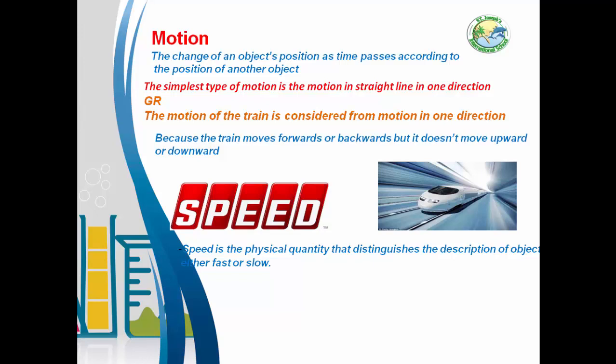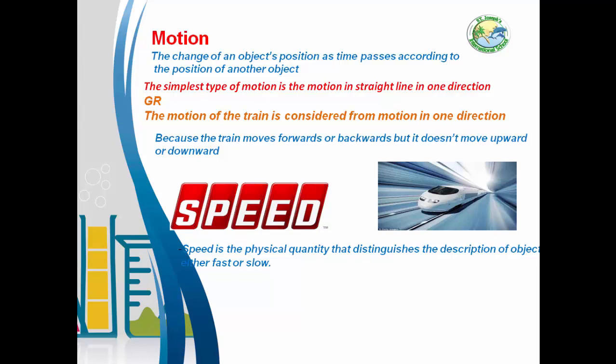Another example, if we have two cars and they cover different distances in equal time, the first one covers a longer distance than the second one. Which of them is faster? Of course, also the first one, because it covers a longer distance in the same time.